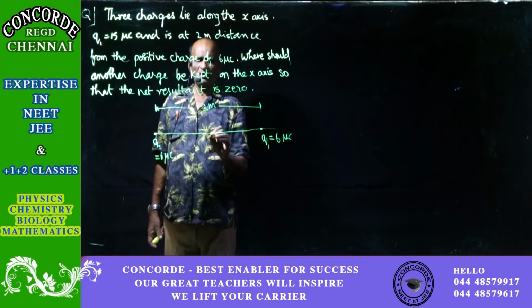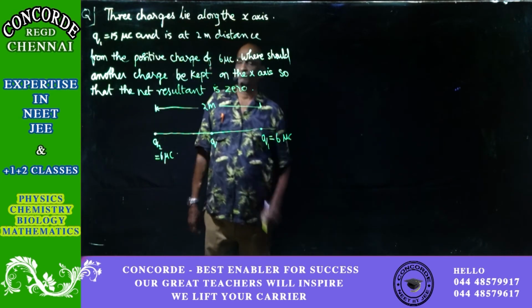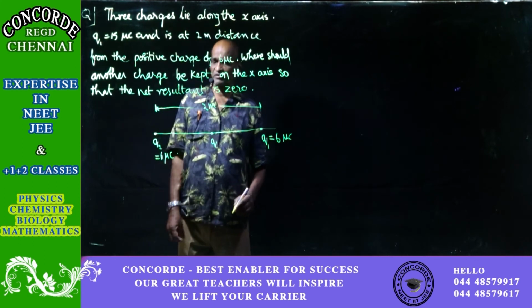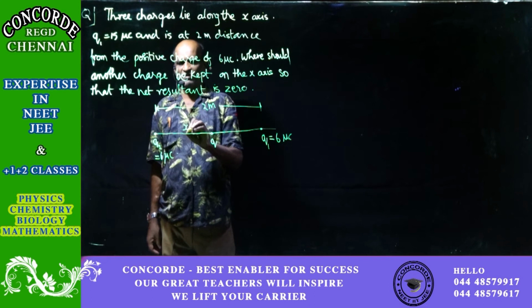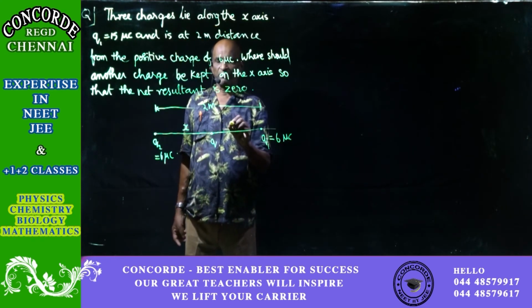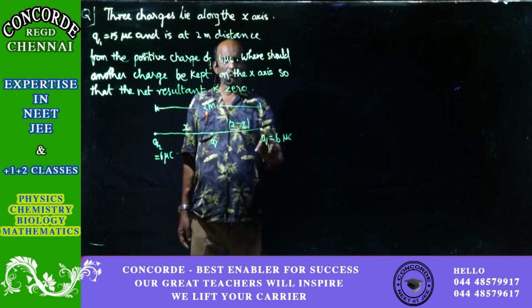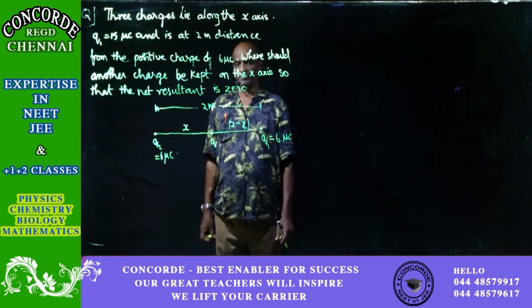So net resultant means I'll say that we are keeping the third charge Q somewhere. The total distance is 2 meters. So out of that, one of the distance, if we take it as equal to x, out of 2, x has gone. So remaining will be 2 minus x.